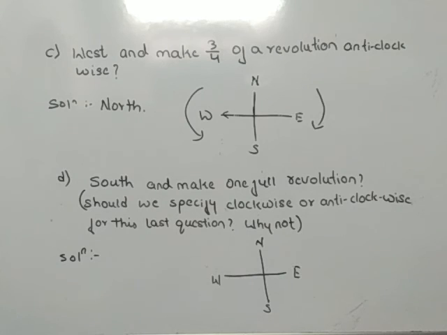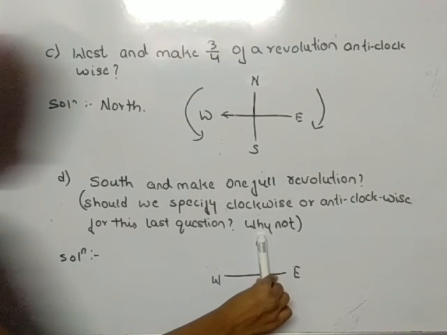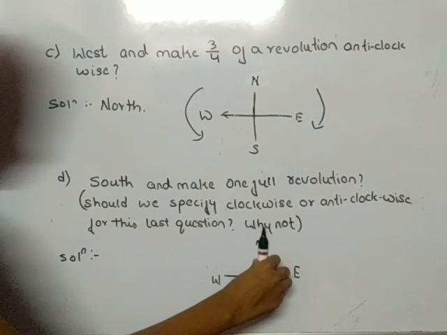D, last one. South and make one full revolution. Should we specify clockwise or anti-clockwise for this last question? Here I am facing towards the south now, right? I am making one full revolution, like this.